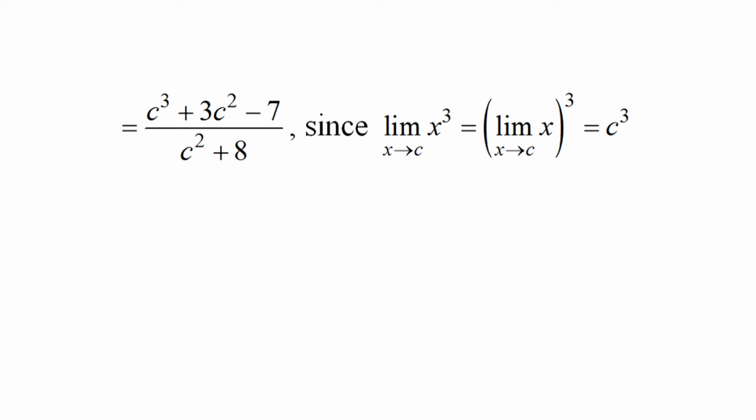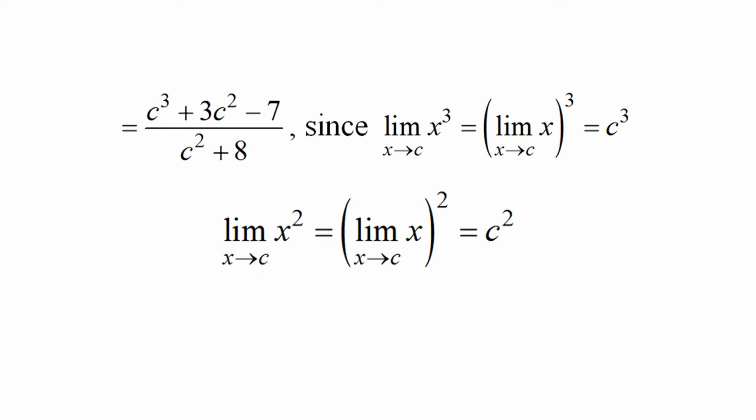Since limit of x cube as x approaches c is limit of x as x approaches c to the power 3 equal to c cube, and limit of x square as x approaches c equal to limit of x as x approaches c to the power 2 equal to c square using power rule, and since limit of negative 7 as x approaches c is negative 7.